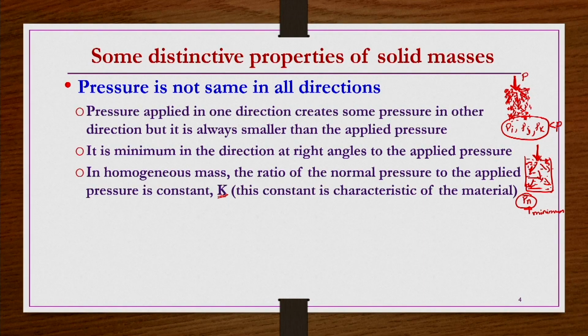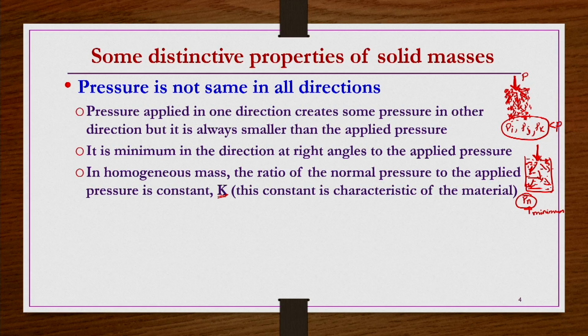Why important? In homogeneous masses, the ratio of this normal pressure to the applied pressure is a constant K. That is the reason it is important. Having this information is very important because it is a characteristic of the material, of the solid mass that you have taken.